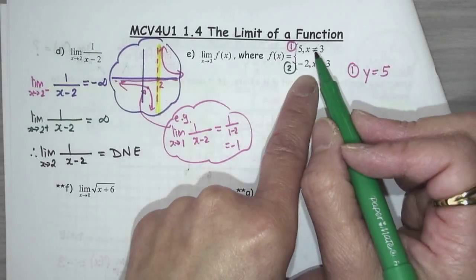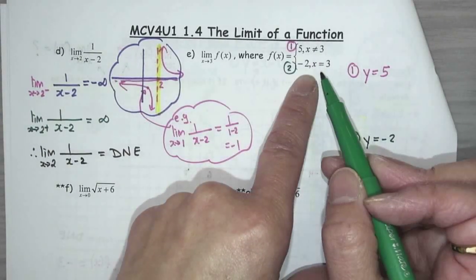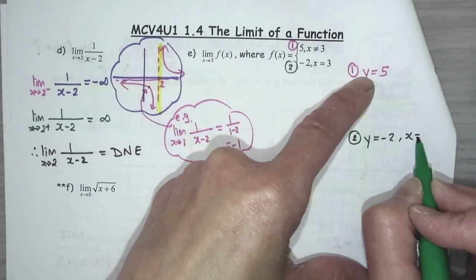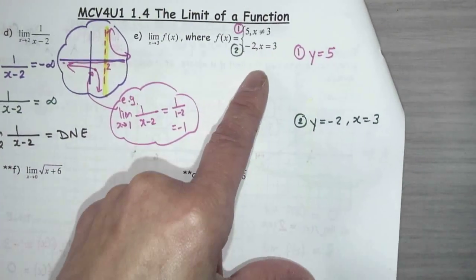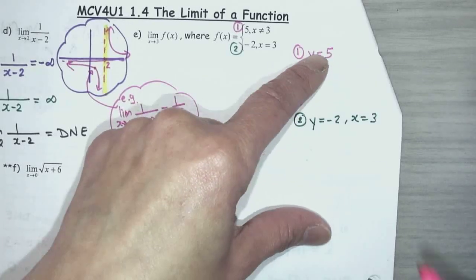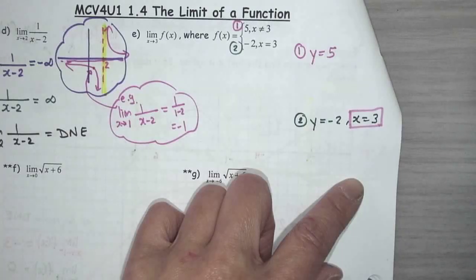Now, this here says x cannot equal 3. This one says x equals 3. When x equals 3, if I give you a single value, this part here is key. If I give you a single value, you give me a single value back.